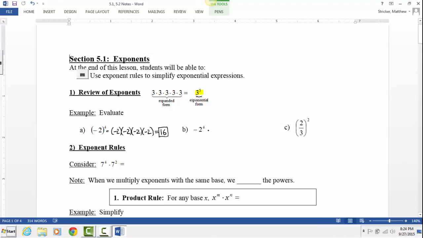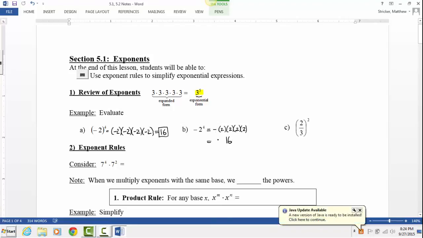And that's different than the next one, because the next one is just 2 that's raised to the 4th with a negative out in front. So it's just 2 times 2 times 2 times 2, which of course is 16, but then that negative in front makes it a negative 16. So the parentheses do make a difference.